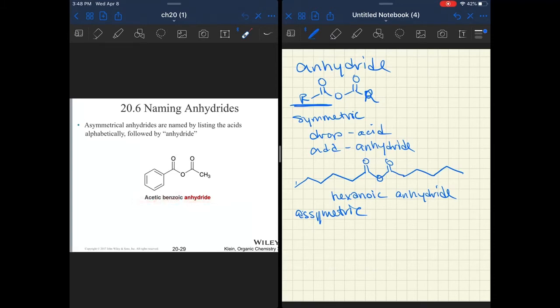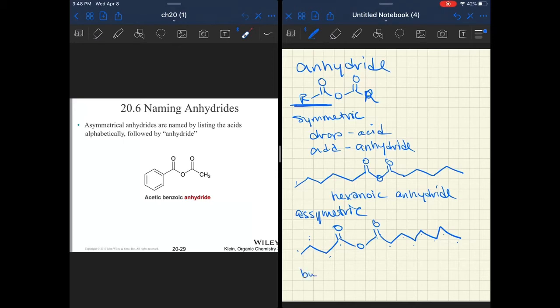All right, for another random example. On one side, we have 1, 2, 3, 4, so that's butanoic. And on the right, 1, 2, 3, 4, 5, 6, 7, 8, we have octanoic acid. So we're going to write this down alphabetically.